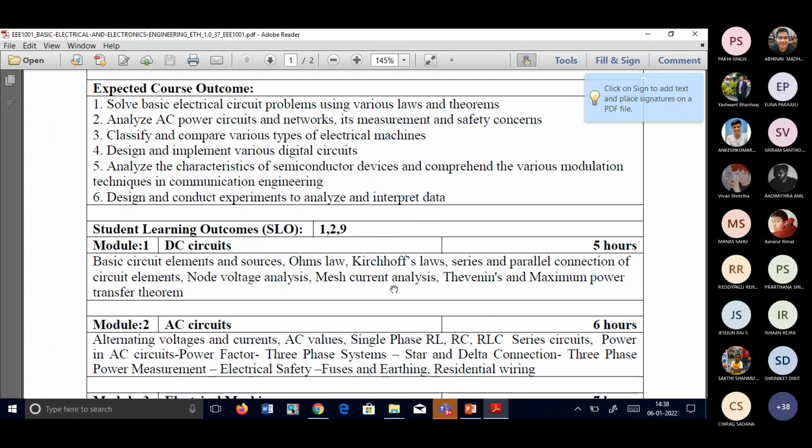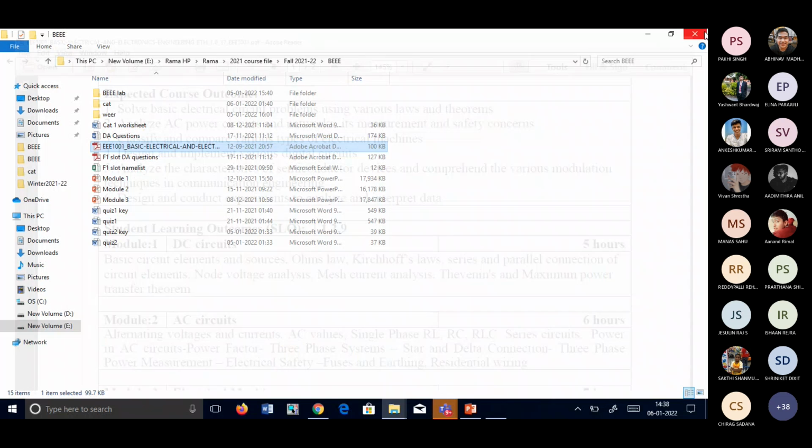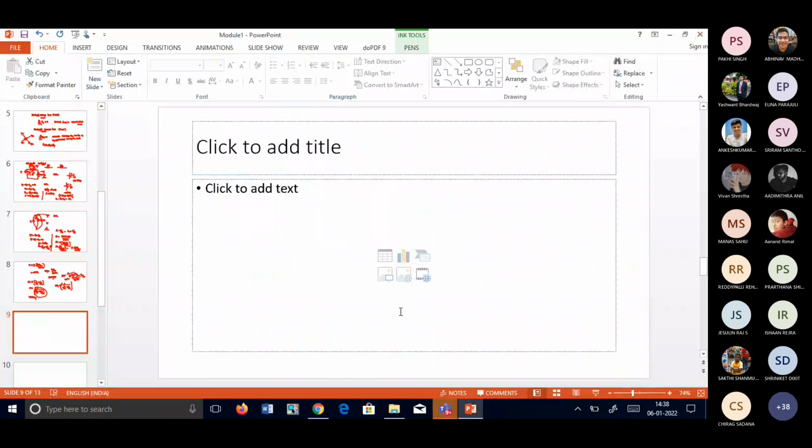We are going to have 4 analyses, students: mesh analysis, nodal analysis, Thevenin's theorem and maximum power transfer theorem. These are the major things we will be doing in Module 1. Having all these basic ideas, we are going to apply them to circuits. The very first thing I'm going to talk about is mesh analysis, students.